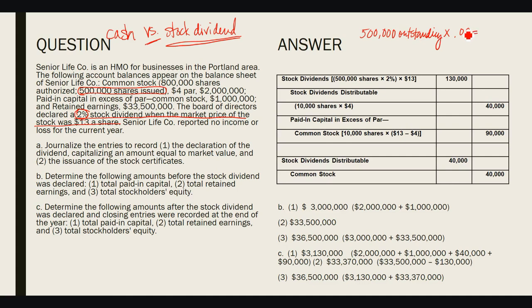That gives us 10,000 shares. So they're going to issue out 10,000 shares as dividends. So what is the price of those shares? Well, we take the 10,000 and we multiply that by the market price that they tell us.